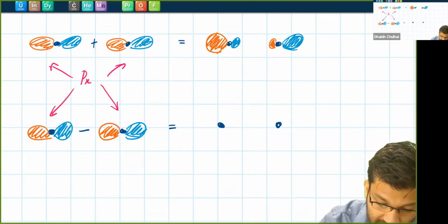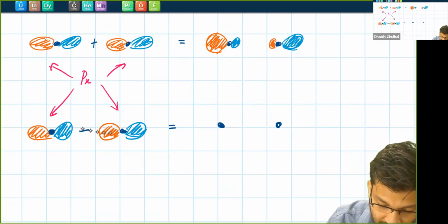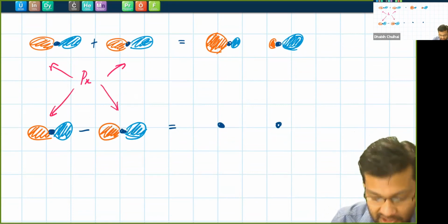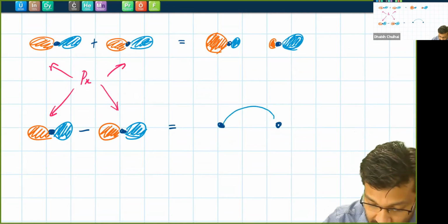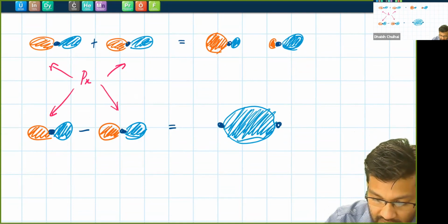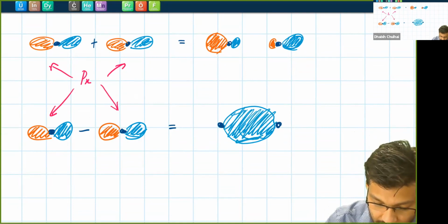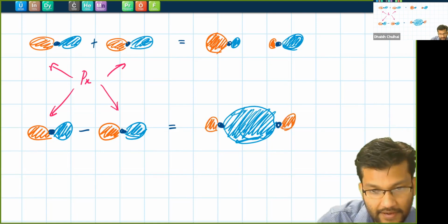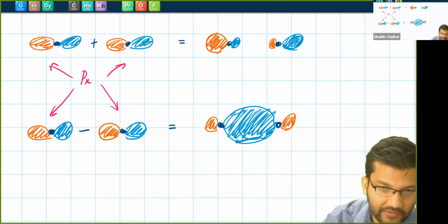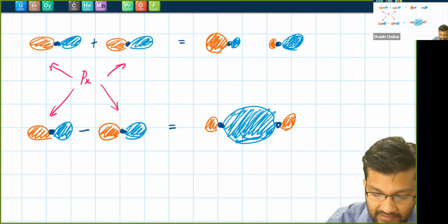Well, what happens when we subtract them? In the middle here, remember, subtracting just means changing the sign. So these two signs will flip. This part will be negative and this is also negative. So where they meet in the middle, they actually just form a bigger negative part in the middle, kind of like that, right? And then on the outsides, there's a little positive part and there's a little positive part. Remember, these negative and positive signs that I'm using are just arbitrary. You can flip the signs and it'll be exactly the same thing.